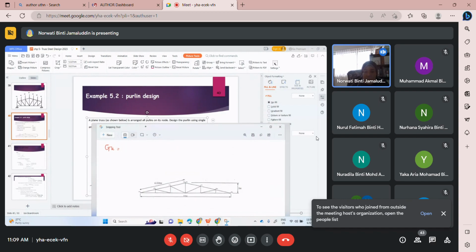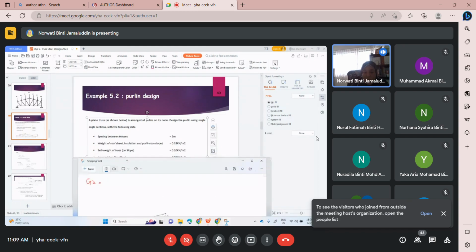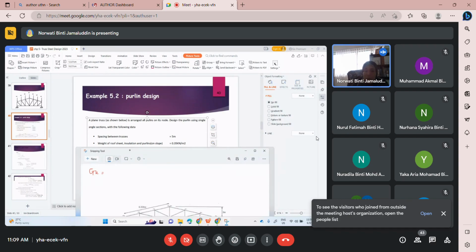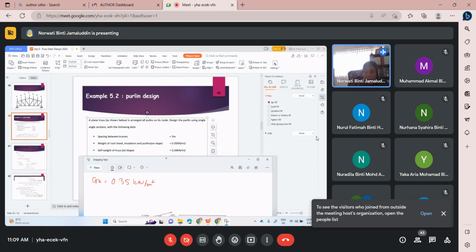Okay, in this case, if we want to design purlin, we just need to consider the load that will be placed on top of purlin. So we need to consider 0.35 kilonewton per meter squared only, because of course the roof sheet will be placed on top of the purlin together with insulation and also the self weight of the purlin itself. All are considered as 0.35 kilonewton per meter squared.